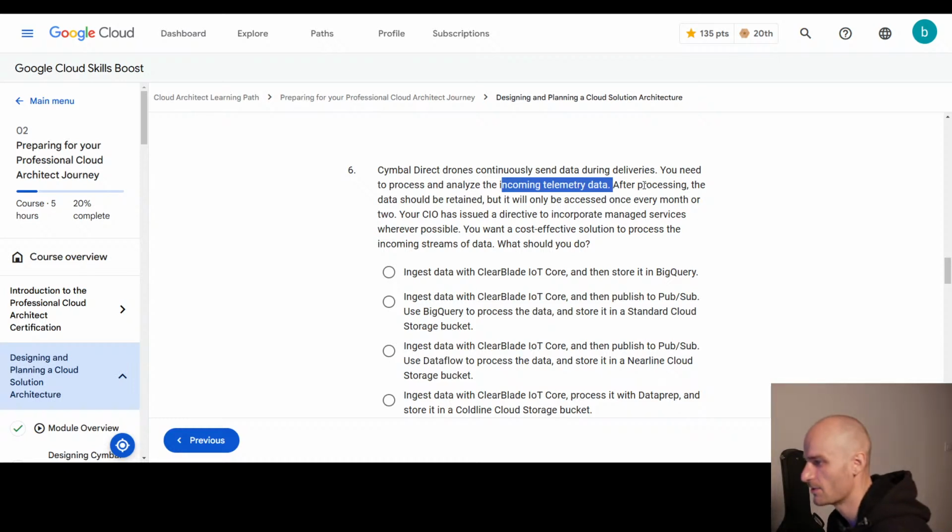Your CIO has issued a directive to incorporate managed services wherever possible. You want a cost-effective solution to process the incoming streams of data. So the CIO wants managed services. I want cost effectiveness.